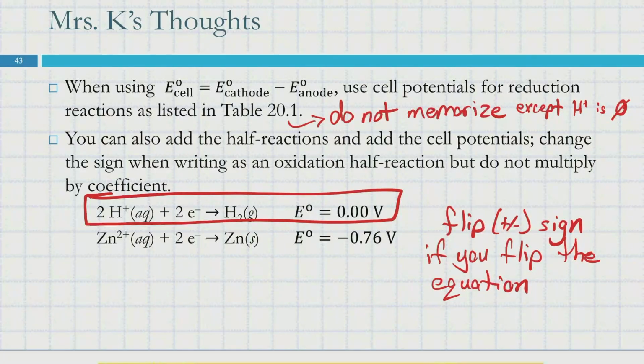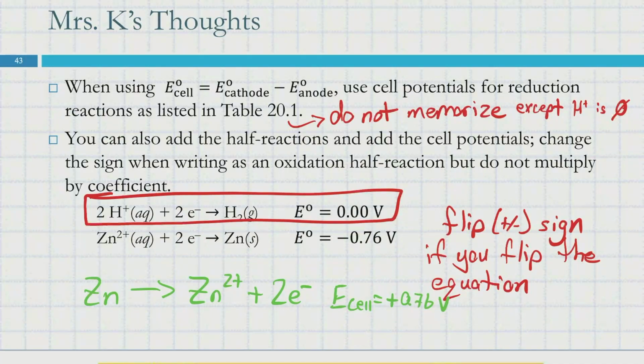All that matters is the species. The actual number of things doesn't matter. So an example, this zinc equation, our zinc reduction half reaction, if we flip it in the other direction, now the E cell is positive 0.76 volts. So that's what flipping left and right would look like.